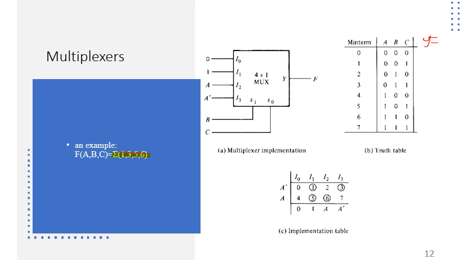Let me rewrite it clearly so that you don't get confused. So this is f. For min term number 1, min term number 3, min term number 5, and min term number 6, f is 1. For all the others, the output is 0.